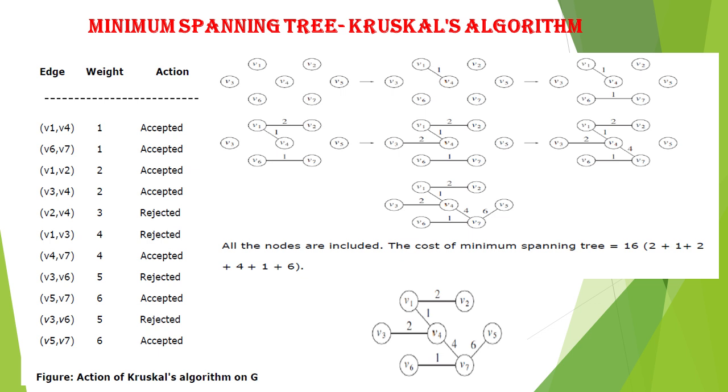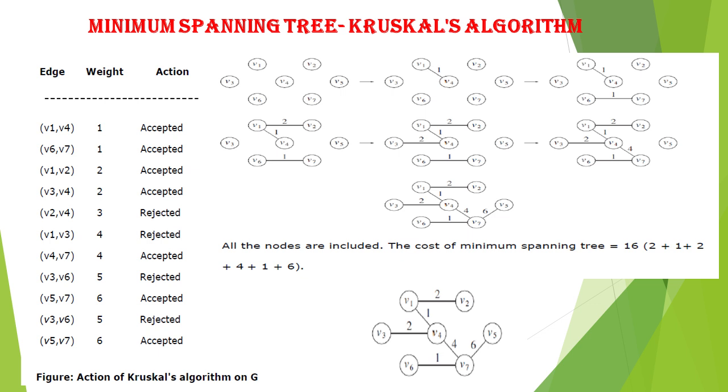V1 to V2, the edge weight is 2, so we can also include it. While including the edge V1 to V2 no cycle is created, so it can be accepted. Next, V3 to V4, we can include the edge V3 to V4 with the weight of 2. While including this edge no cycle is created, so this edge can be accepted.